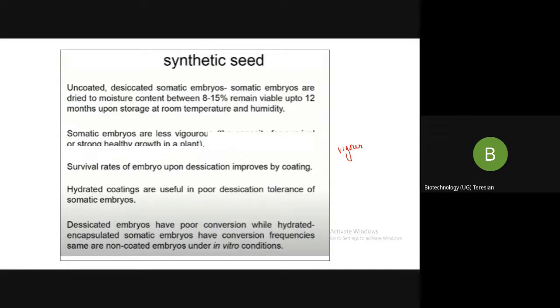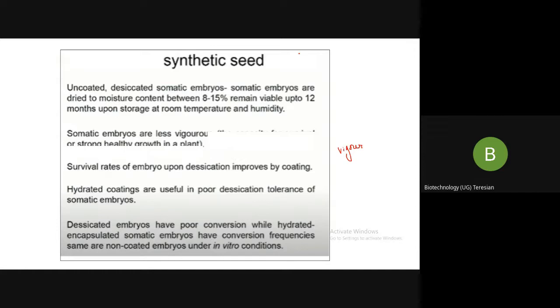When you compare your somatic embryos with the seed which is naturally produced, the somatic embryos are less vigorous when compared to the original ones.